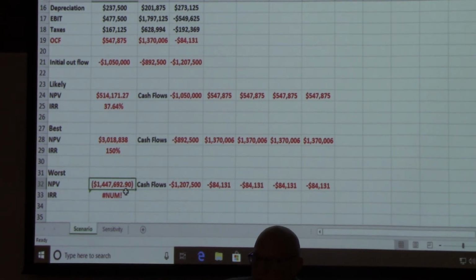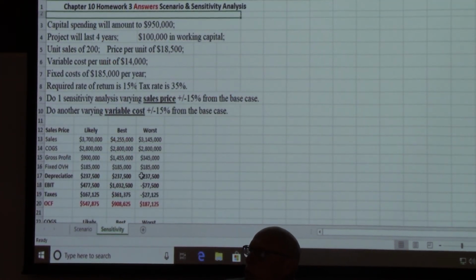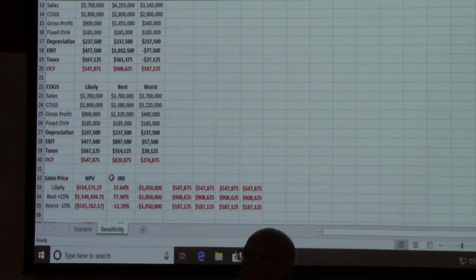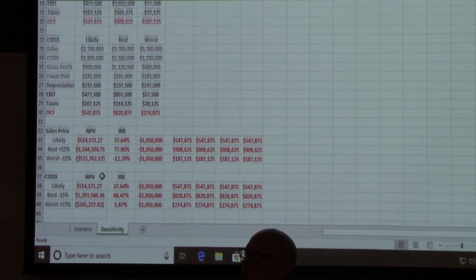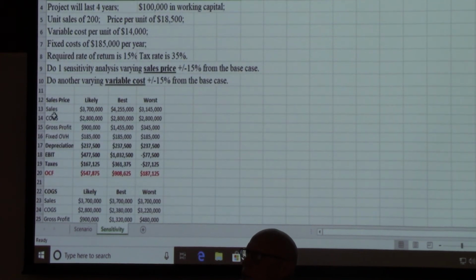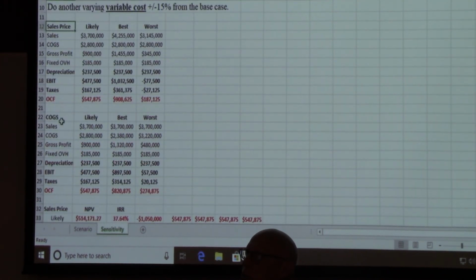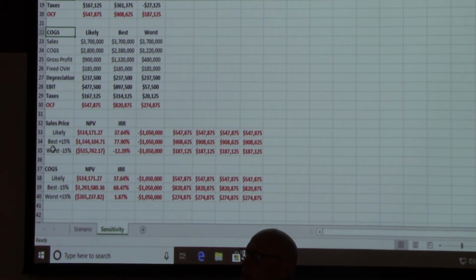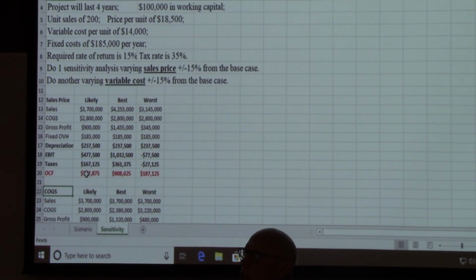Now let's look at the sensitivity analysis. With a sensitivity analysis, we're only going to vary one item at a time. And what we've chosen to vary will be sales price and cost of goods sold. Those are the two items we're going to look at.